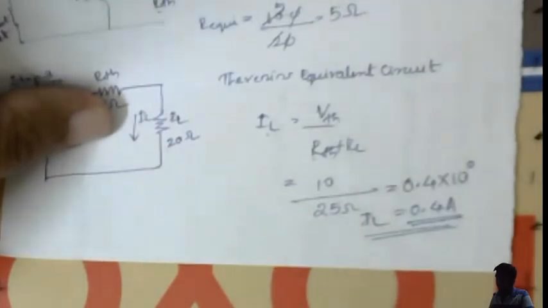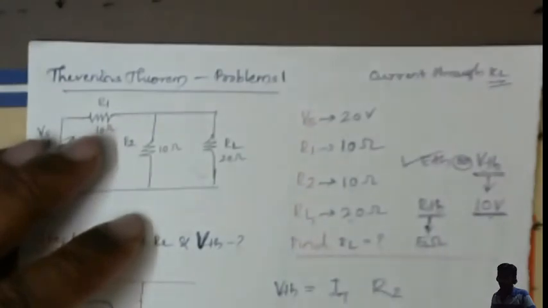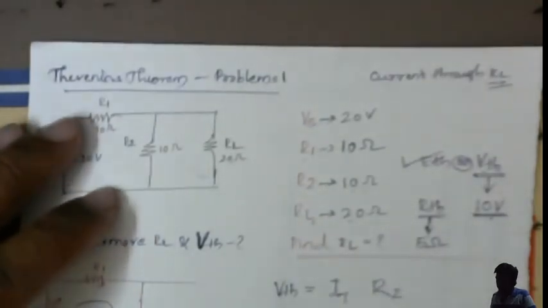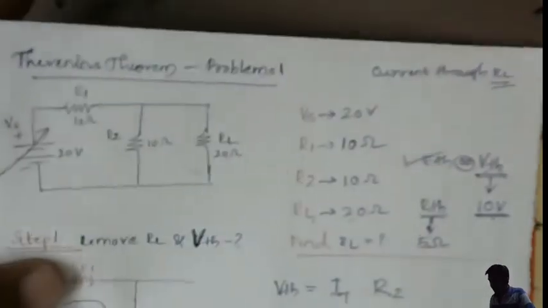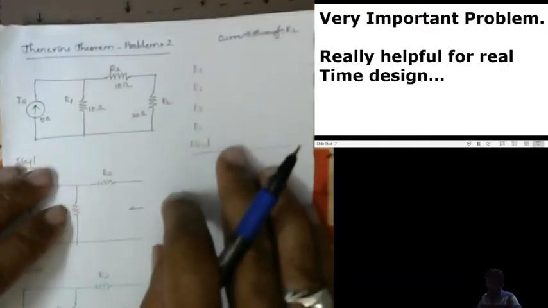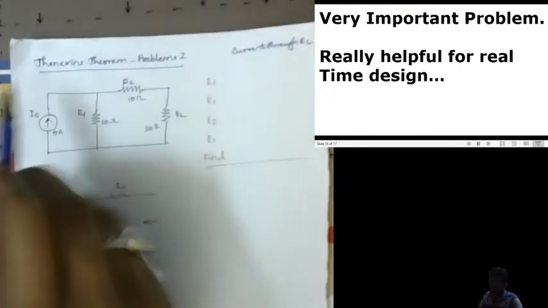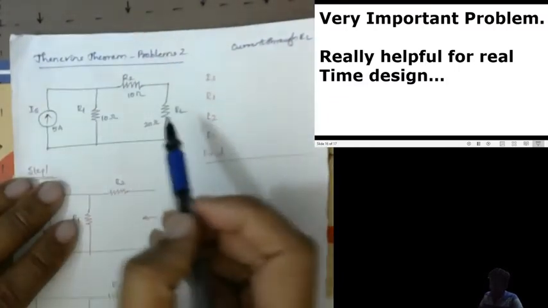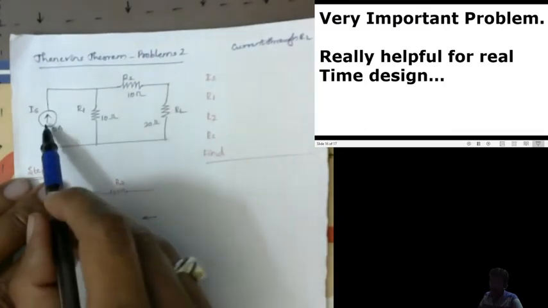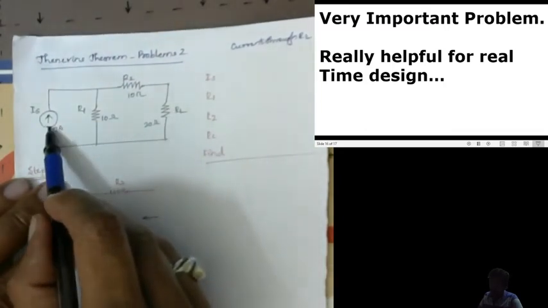Okay, this is the simplest problem. Next, I am going to the second problem on the Thevenin theorem. Here, there are three resistors and one current source.